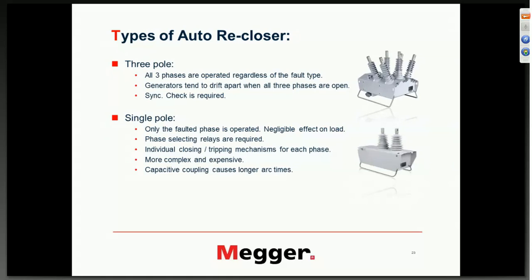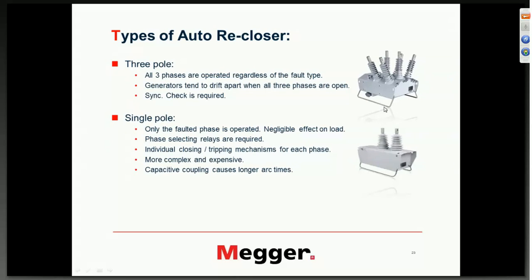From here on, we are going to talk a little bit about the types of auto reclosures. Now, an auto reclosure could be a single pole auto reclosure. That's a picture of a single pole auto reclosure. Or it could also be a three-pole auto reclosure.